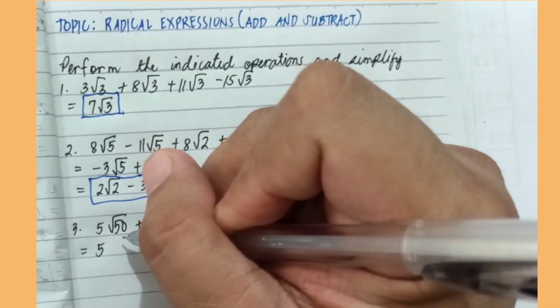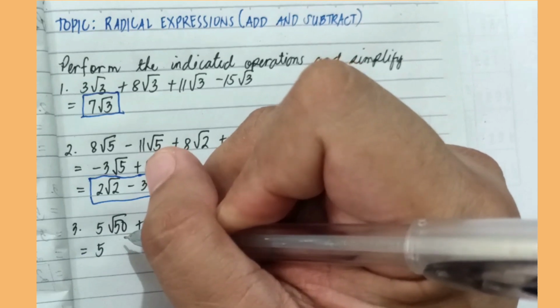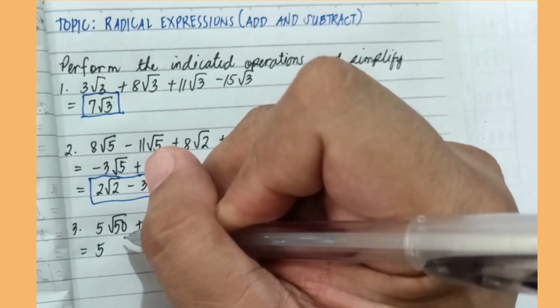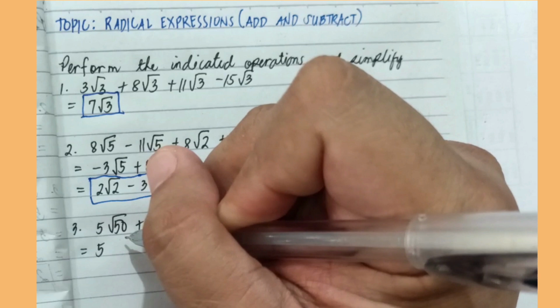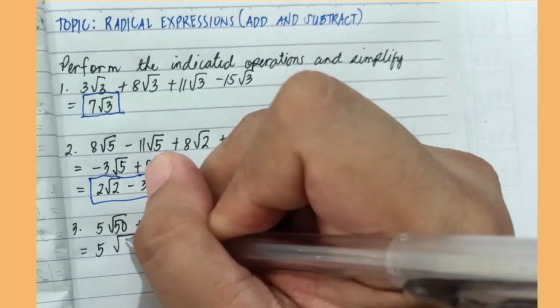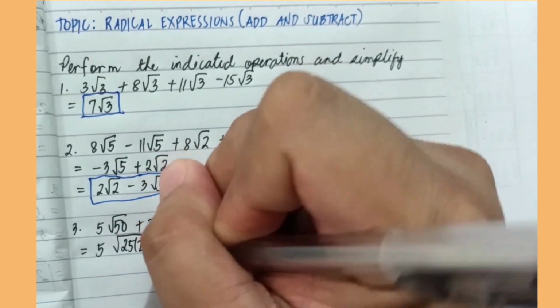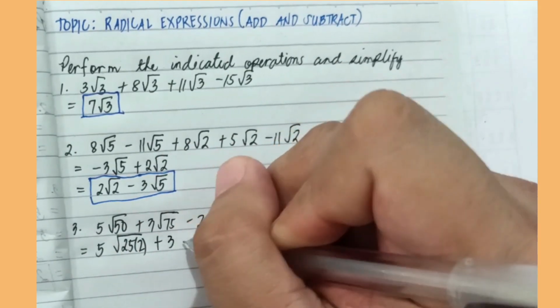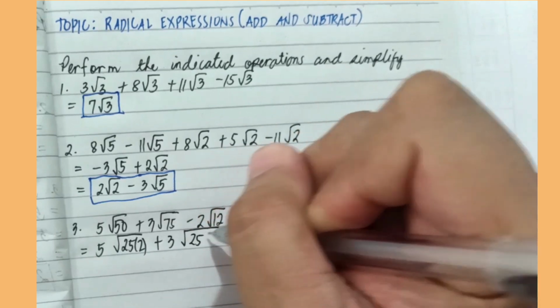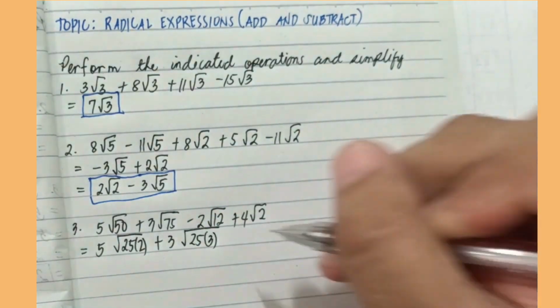So we're finding factors where one of them is a perfect square, because the requirement that we have in the radical expression is that the index is 2. So the factor now is 25 times 2. And the other one is 25 times 3.